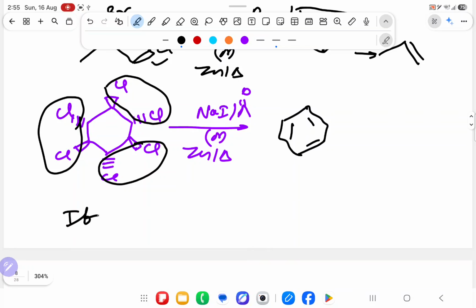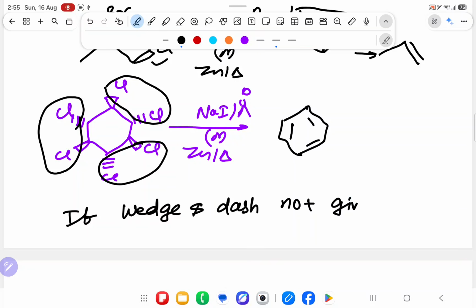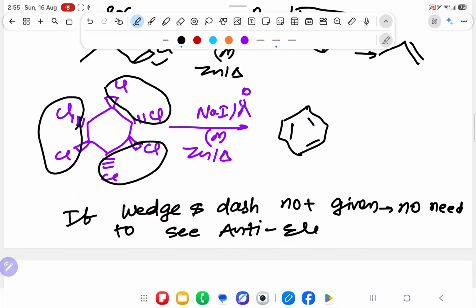If wedge and dash are not given, no need to see anti-elimination. If wedge and dash is given, then you will see anti-elimination, and this is all about elimination reactions.